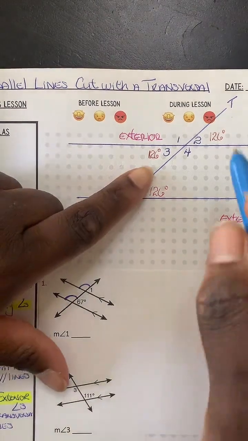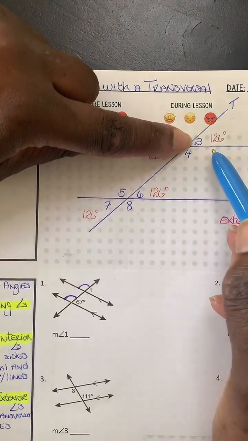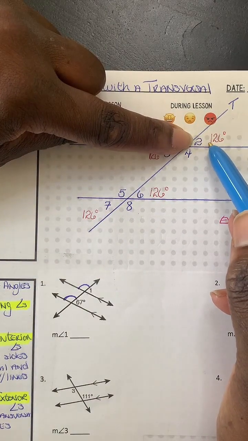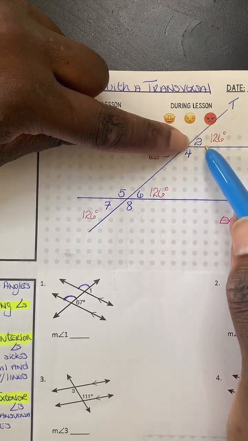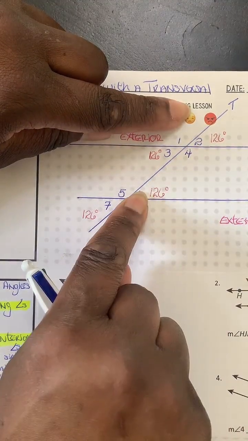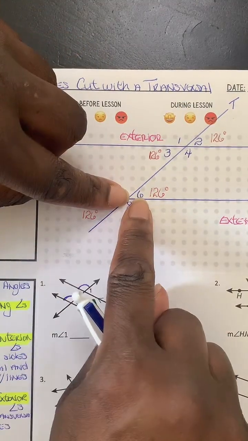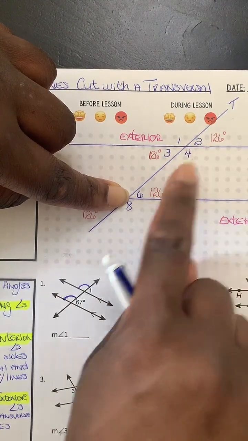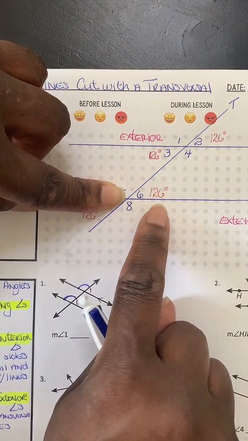Okay, so if I trace number 2 and I had some tracing paper and I just moved down along my transversal, like how you trace something and you just want to slide it down, it's going to slide and match up with angle 6, because angle 2 is going to have the same measure as angle 6.